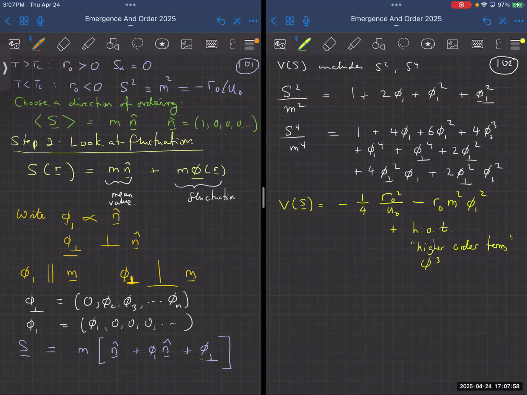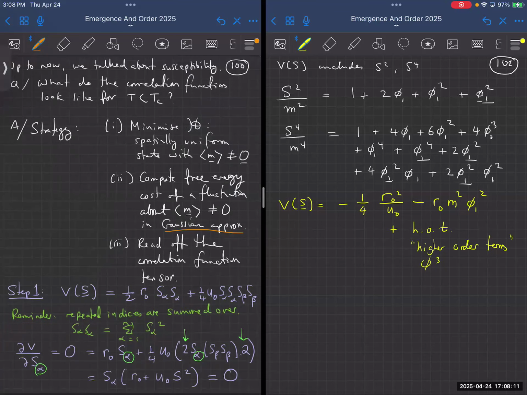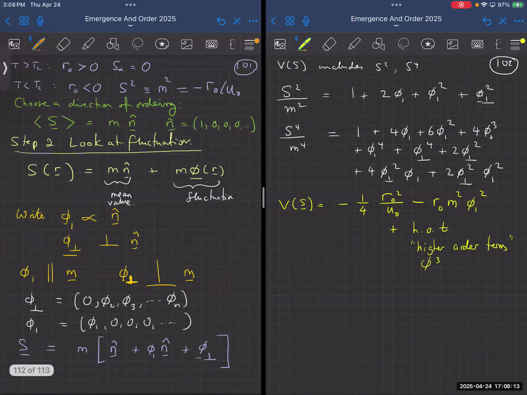Remember, we're only computing the fluctuations to quadratic order because we're just doing Gaussian fluctuations. That was in our strategy right over here. We're computing only in the Gaussian approximation, so I only care about what I can compute to quadratic order, which makes life a lot easier.